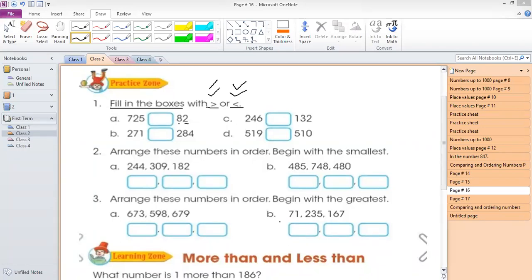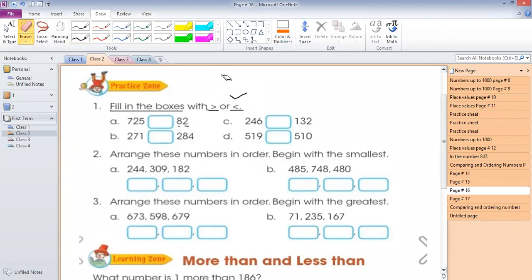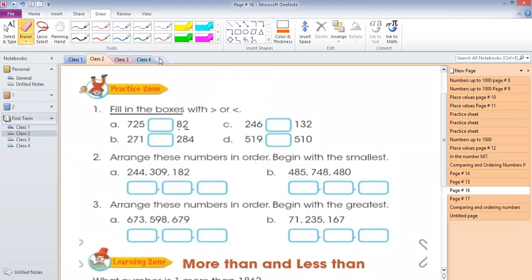All right, guys. So I'm going to put here greater than sign. So as you tell me the answer is greater than, and the sign is this. 725 is greater than 82.